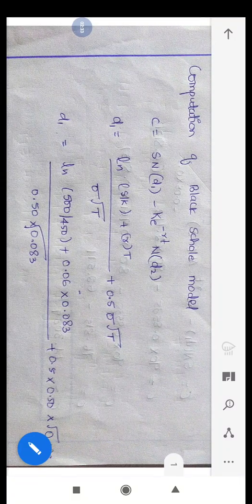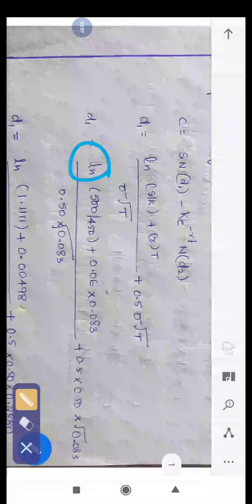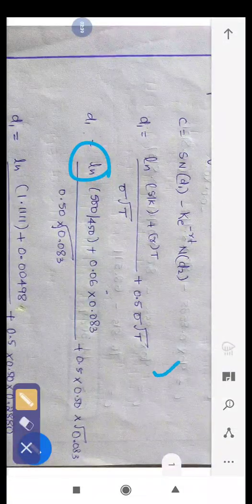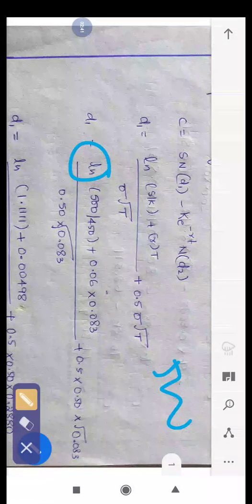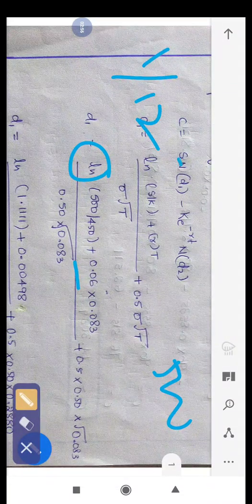Ln here is the log, so take it as it is. S means the stock price, that is 500. K means the strike price, that is 450. So 500 divided by 450 plus risk-free interest rate 0.06 into time, that is 1 month, so 1 divided by 12 is 0.083.